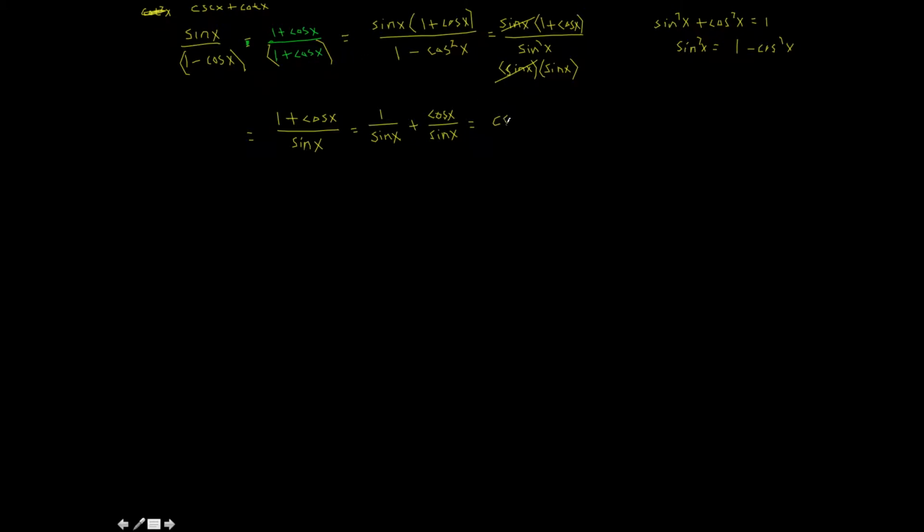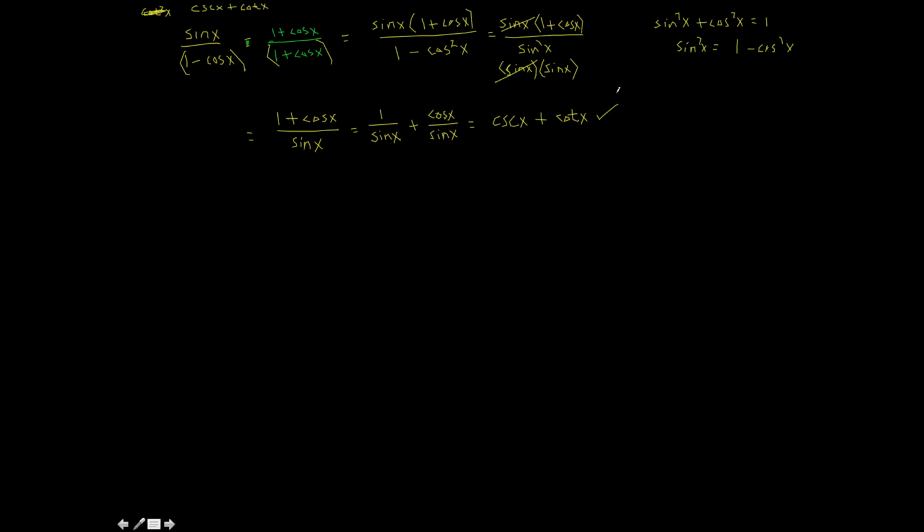Uh-oh. Look at what we're trying to get. We're getting close. Cosine x over sine x is cotangent x. Well, we verified. And you can check it off your list. So see, sometimes you can go either direction to verify and be able to get the problem.